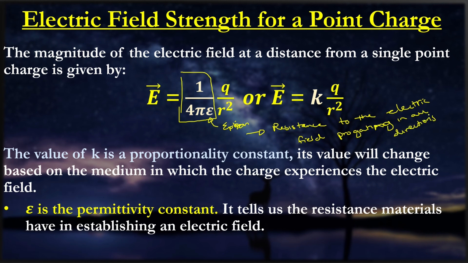And this is a constant value, a fixed number that's also found on your data sheet. The symbol we actually use is epsilon naught, and the naught refers to the resistance of generating an electric field in a vacuum.